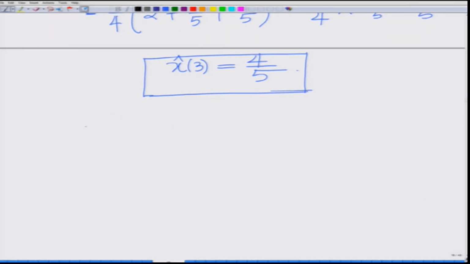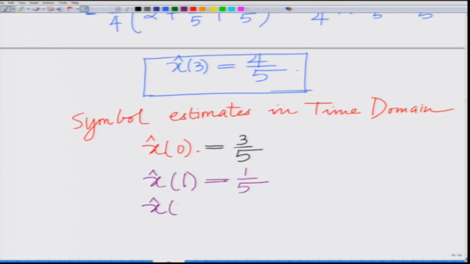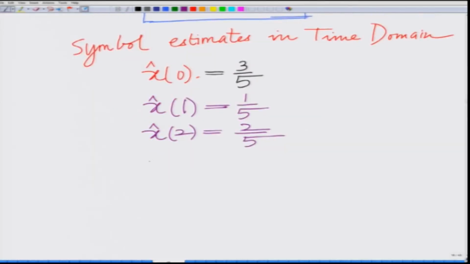So, the symbol estimates in the time domain are given as small x hat of 0 equals 3 over 5, small x hat of 1 equals 1 over 5, small x hat of 2 equals 2 over 5, and small x hat of 3 equals 4 over 5.